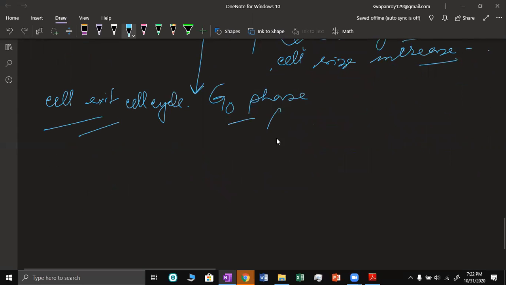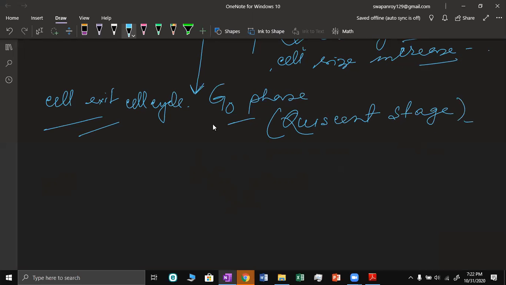This is also called the quiescent stage. Sorry, not center, quiescent stage. This is the G0 phase.